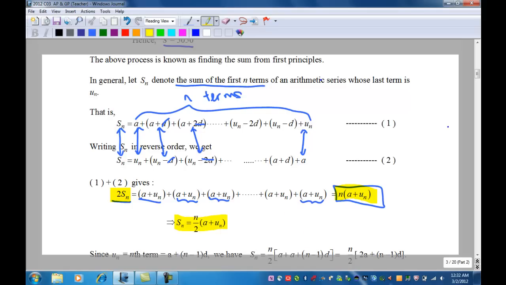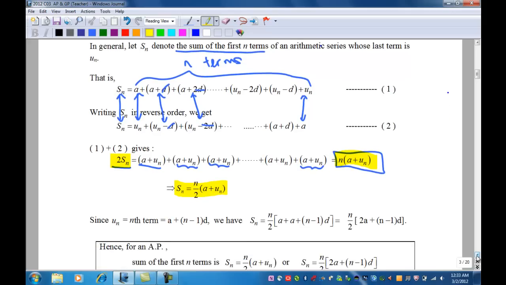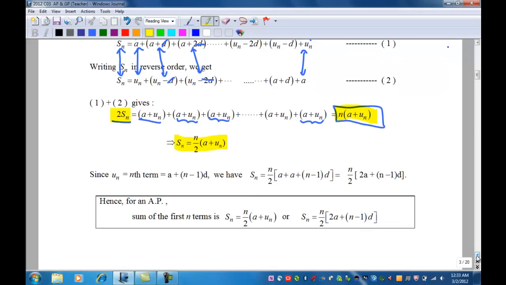Now we must recognize that the questions can be set in a different manner. We may not be told what the last term is, the last term that we need to add up. But we do know that the last term can be written as a plus n minus 1 d.